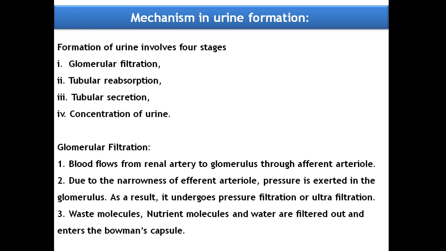The thick blood, which is not filtered and contains more solid particles and other substances, passes into the peritubular capillaries through the efferent arteriole. The filtrate in the Bowman's capsule passes through the PCT, loop of Henle and DCT.